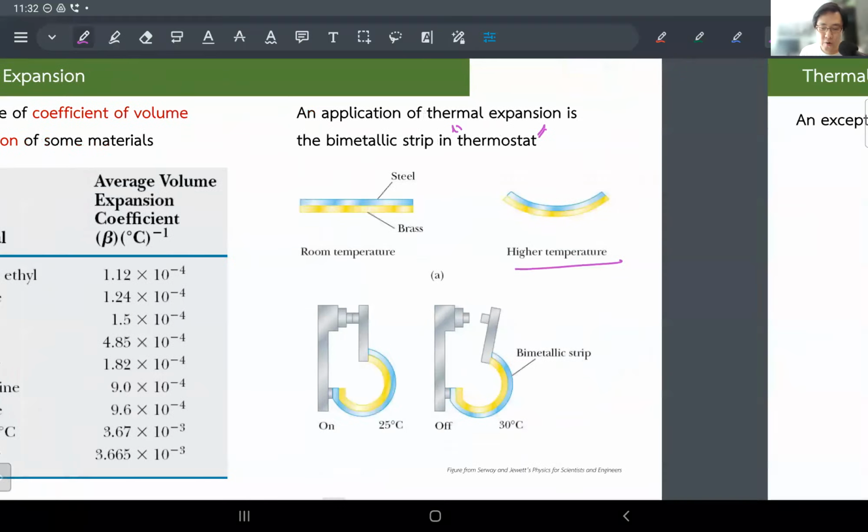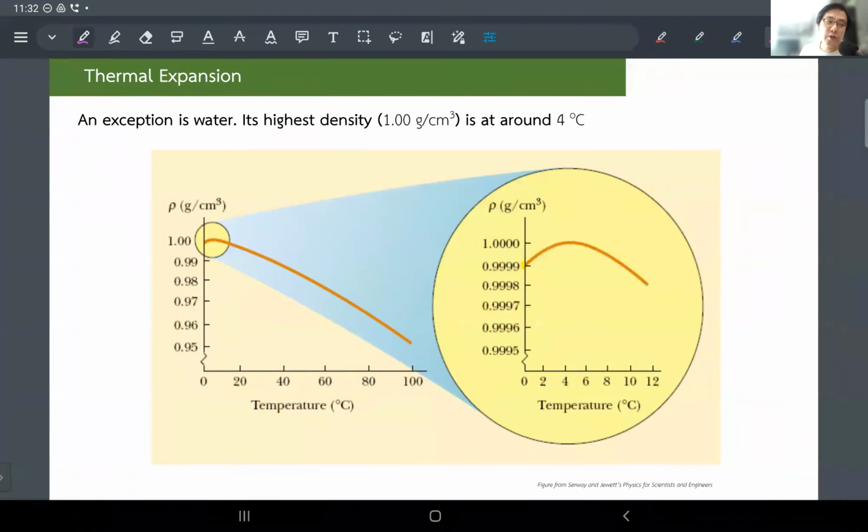All right, and I just want to emphasize the point I just made, that the expression is only for some materials. One quick exception is right here in front of you: water. Water is bad. Water is not going to follow that exactly, because we know that water has the highest density at 4 degrees Celsius.